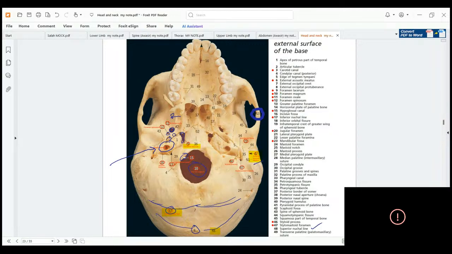Can you see the screen? Hello? Can you see the screen? Hello?